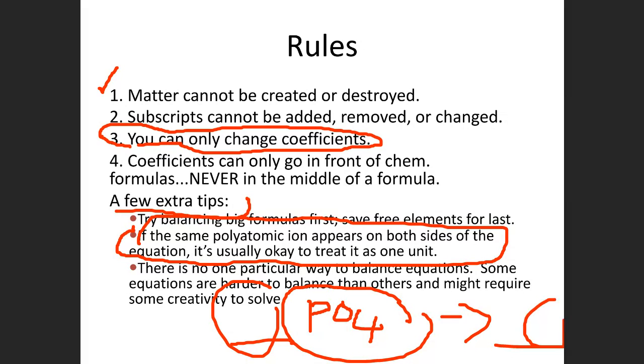There are two ways. You can count it as a single element, or you can consider the whole polyatomic ion as a group if it is on both sides, correct? If the group is broken, then you have to think about the single element. But as long as you have the same group on the left and right side with another metal or something else, you can treat it as a single unit. That will save your time when you balance your chemical reaction.